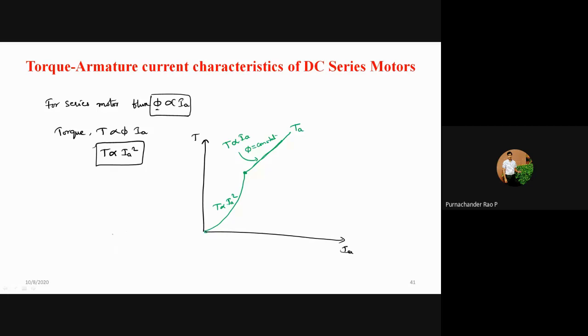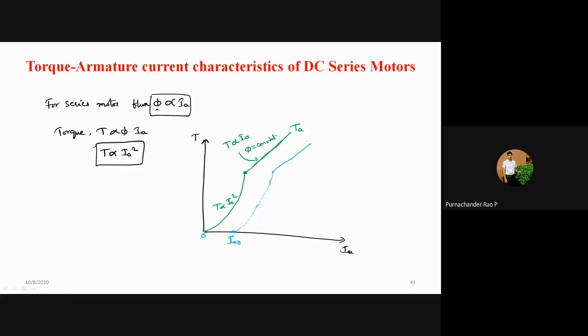Similarly, we need to draw the shaft torque. If I want to draw the shaft torque, it will be like this. This is a parabolic line, and this is the no load condition where the current is Ia naught, and this is your 0. After that, it again reaches a particular value of current, and at this point again it is a straight line.